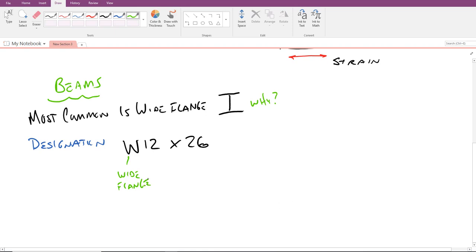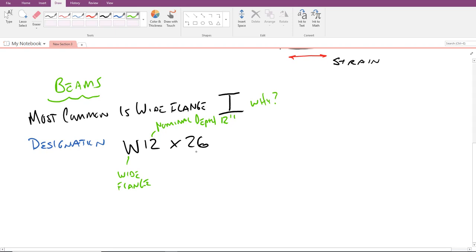The 12, on the other hand, has to do with the nominal depth. So for this particular shape, the nominal depth would be approximately 12 inches tall. It might be 11.9, it might be 12.1, but it's going to be very, very close to 12.